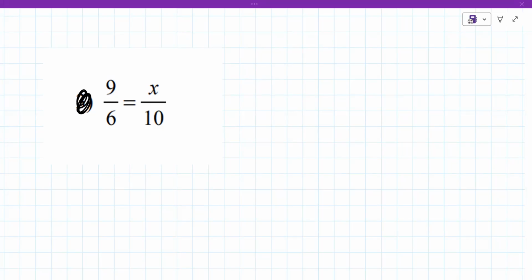90 equals 6x. Yeah. Okay. So divide by 6 to solve for x.